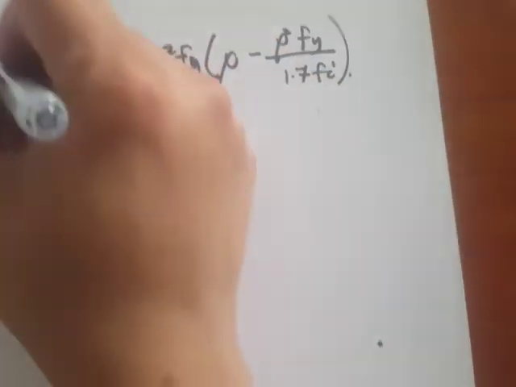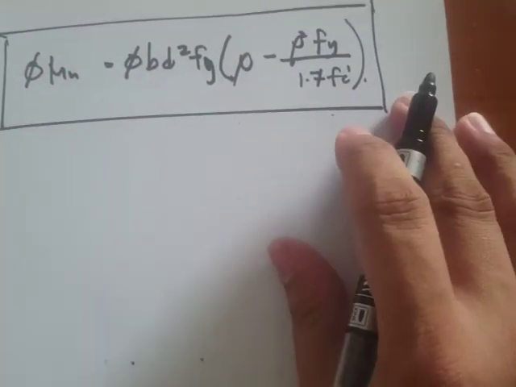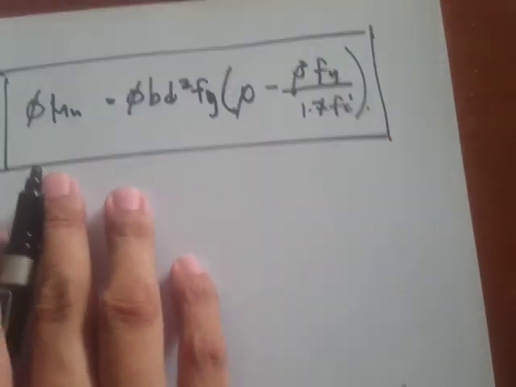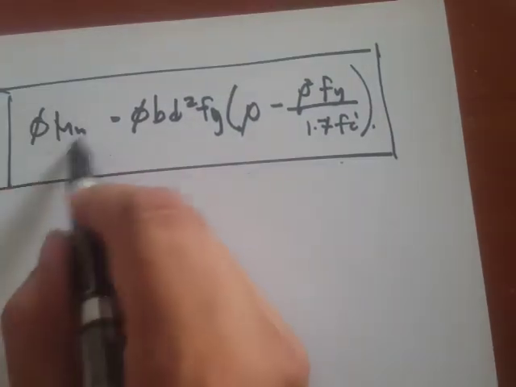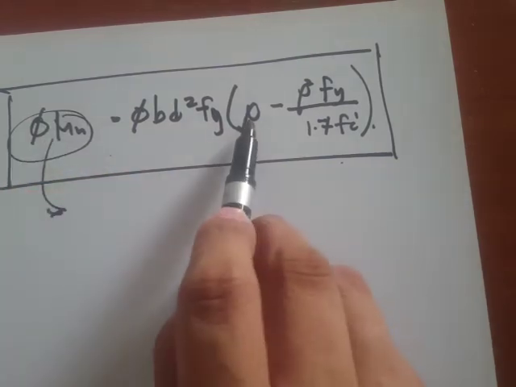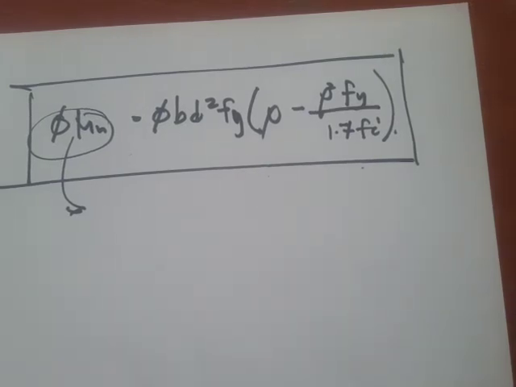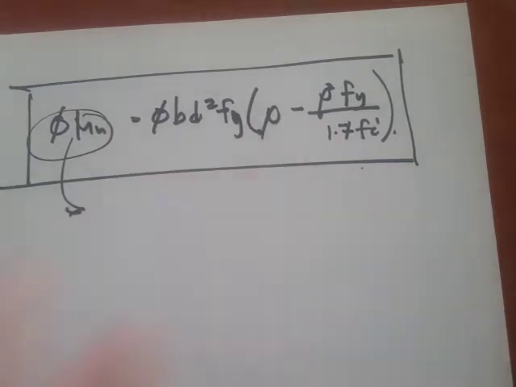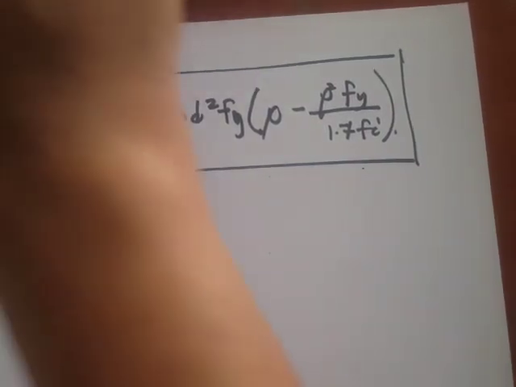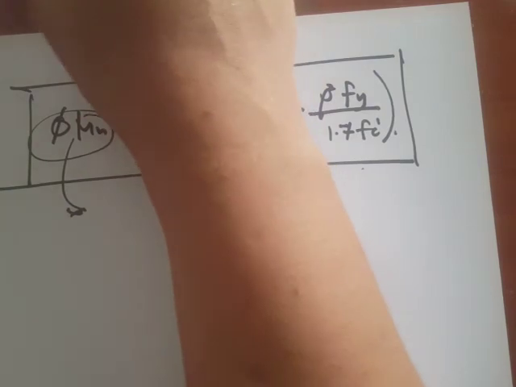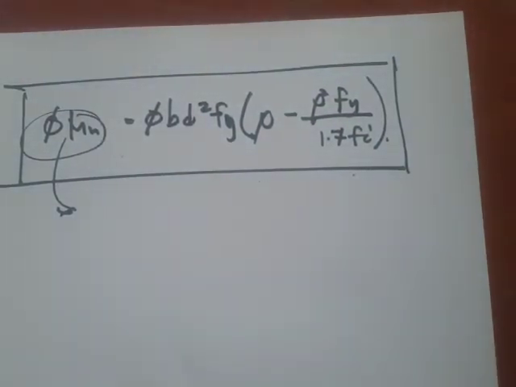So this is the expression of the factored moment capacity of the beam in terms of the steel ratio. There's still another way to compute the capacity of the beam in terms of the steel ratio, but for us in this course, we'll only do the basic ones that we did.